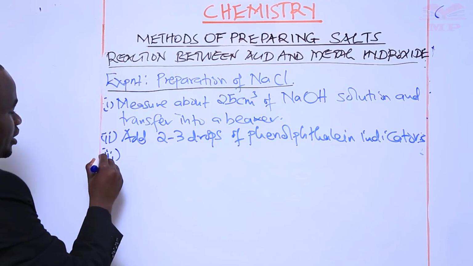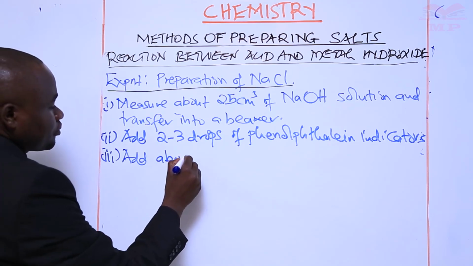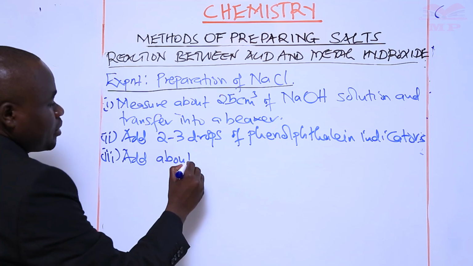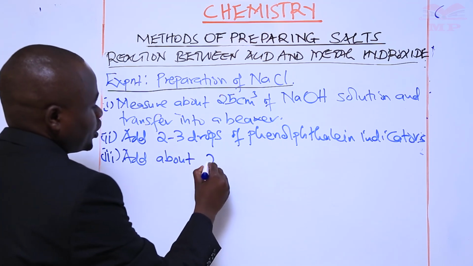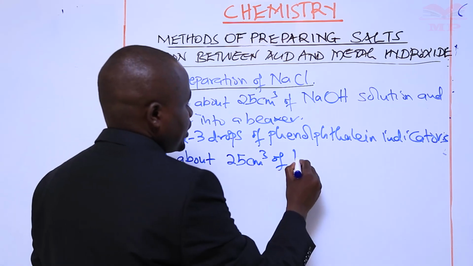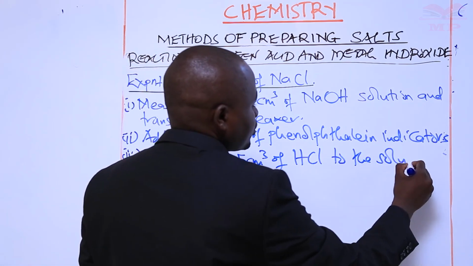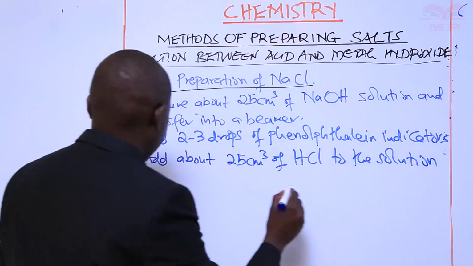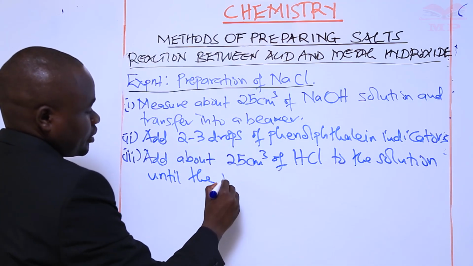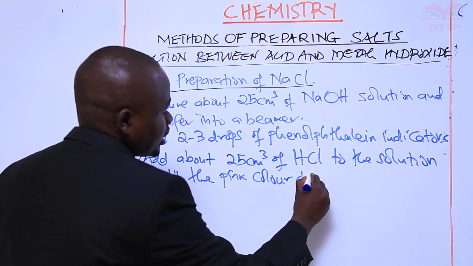Thirdly, you add about 25 centimeters cubed of hydrochloric acid to the solution until the pink color disappears.